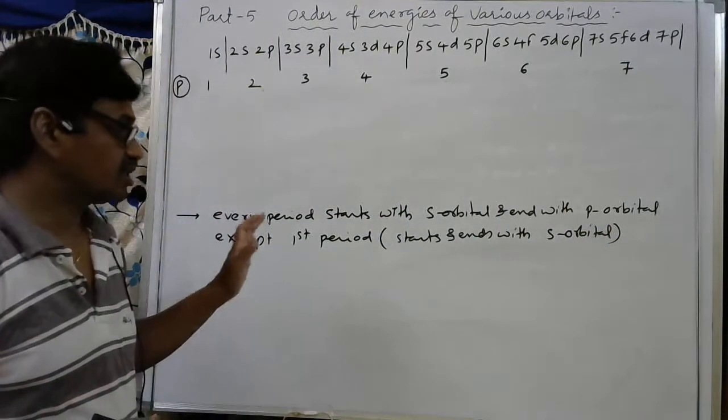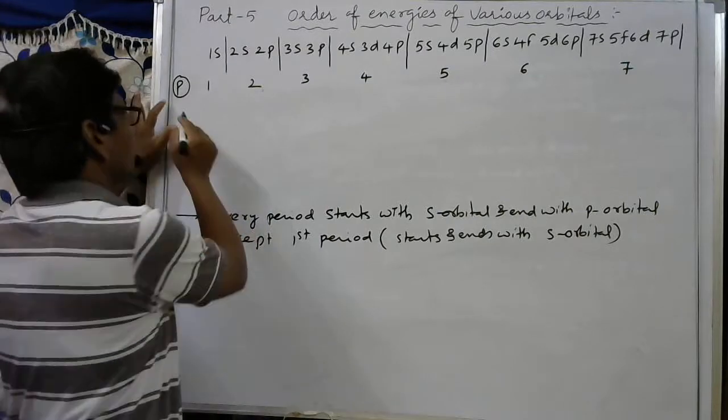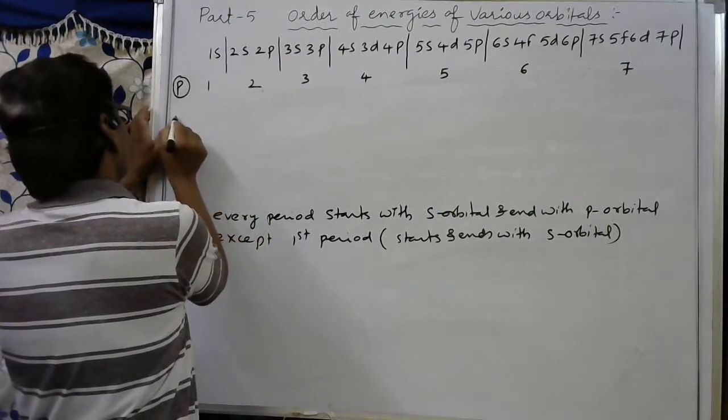All these things are given by Bohr. This is the period. Then here, number of electrons I am writing.